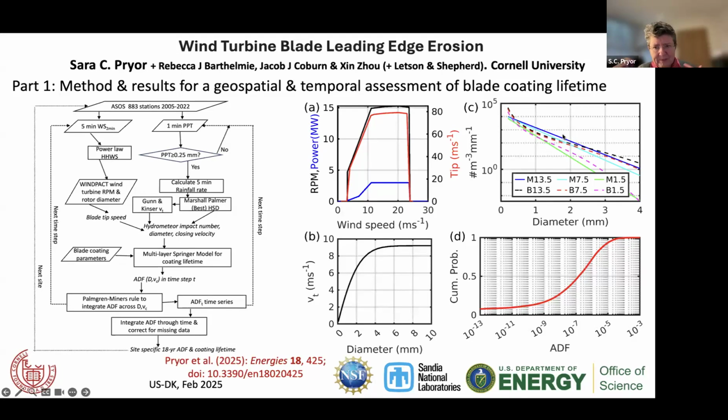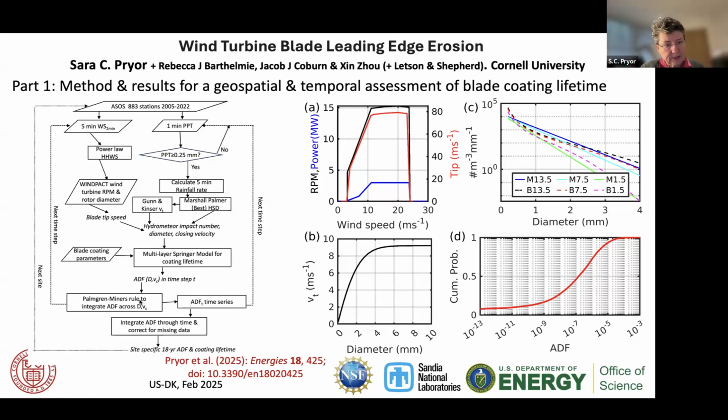Once we have the droplet number density, we apply the terminal fall velocity from Gunn and Kinzer. So for each diameter, we know how rapidly it's descending in the atmosphere. And once we have those things, we have the hydrometeor number of impacts, diameter of impacts, and closing velocity in each 5-minute period.